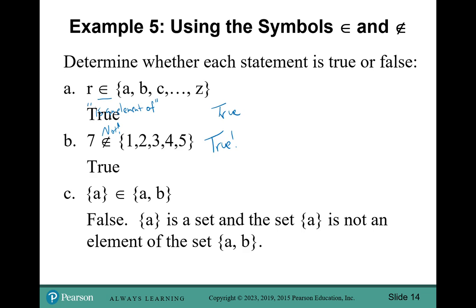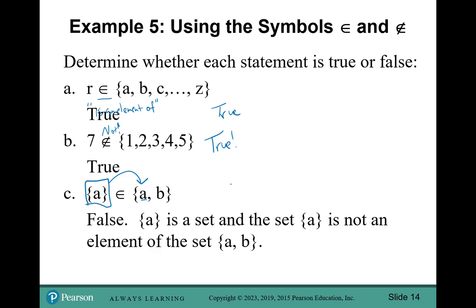So, if you follow through, what is on the left-hand side, the entirety of it, in order for this to be true, has to be on the right-hand side. That's not true. Only the specific element A is a member of this set, not the entire set {A}. A little tricky, I know.